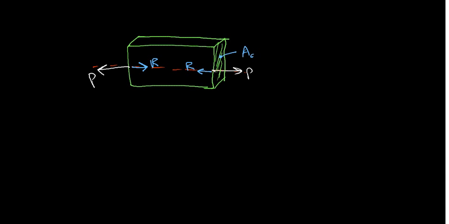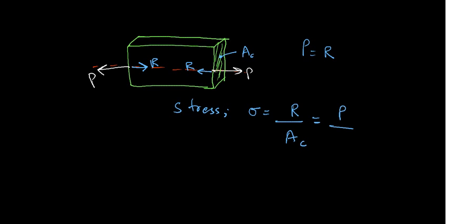As you can see from the equilibrium, P is equal to R. So stress mathematically can be given as resistance per unit cross section area, where the resistance offered by the material in this case is equal to the load applied onto the material, divided by the cross section area. So this is the mathematical definition of stress.